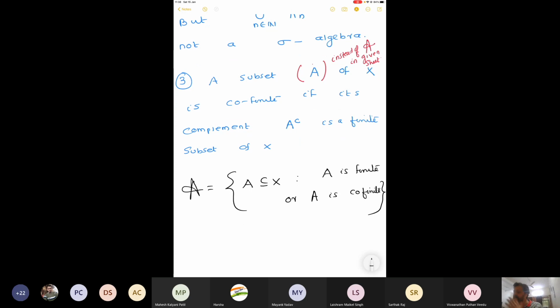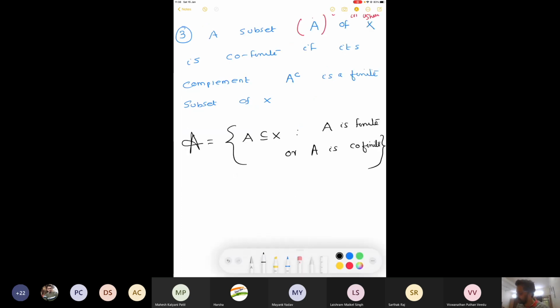By the way, before going to that, I told you that you can read it as X being an arbitrary set. It can be finite also. Suppose X is finite, what can you say about script A? Power set. Power set is an algebra, or in fact it is a sigma algebra, as is known to us, right?